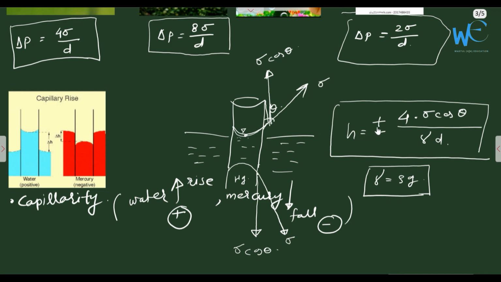To remember this formula, just remember h is equal to plus or minus, because water is rising and mercury is falling, so positive or negative, 4 into the vertical component sigma cos theta divided by gamma d, or you can write rho g d. Again, I'm repeating: h is equal to plus or minus 4 sigma cos theta divided by gamma d or rho g d.